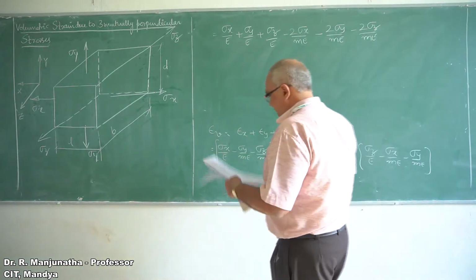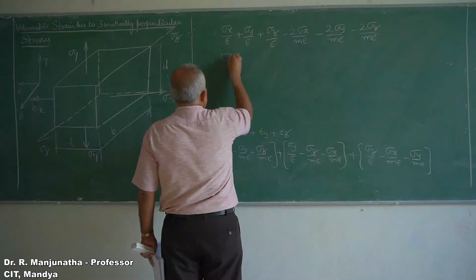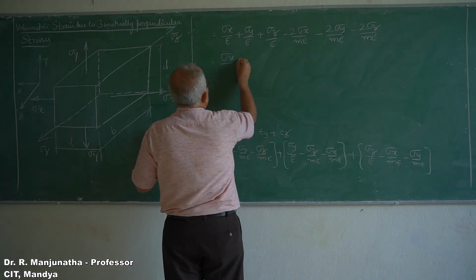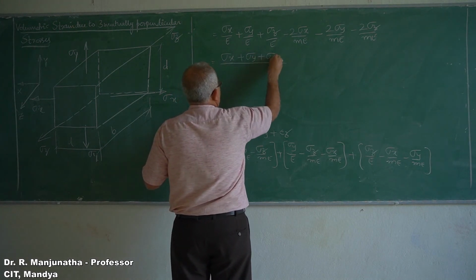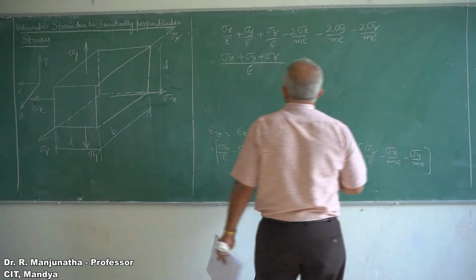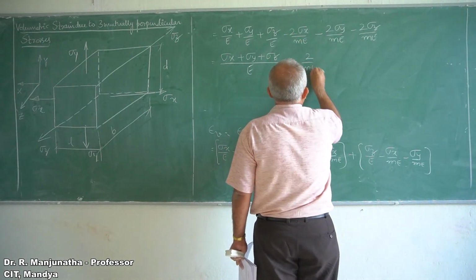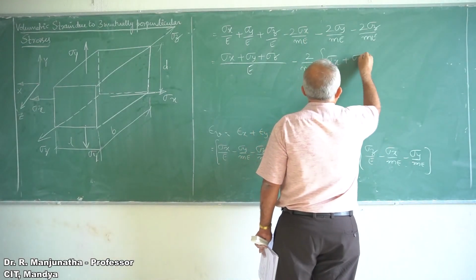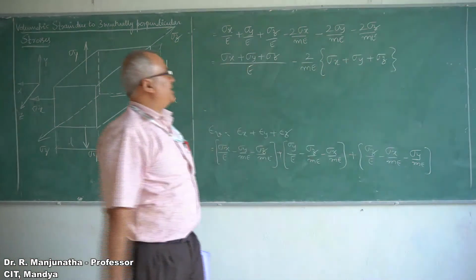Now when you consider the common factors, in the next step I will write sigma x plus sigma y plus sigma z by E, and we are going to take that as the common factor. So 1 by E is the common factor, minus 2 by m into E can be taken outside, and then again you write sigma x plus sigma y plus sigma z. So this is how you can write the above equation on simplification.